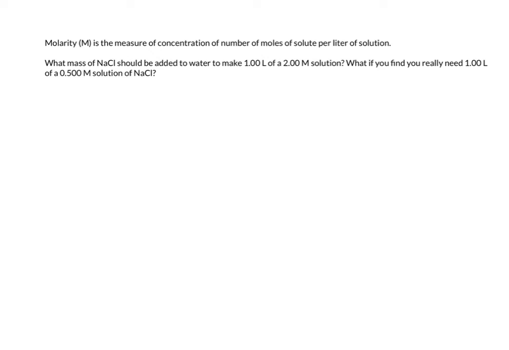Notice that we'd really like to have a smaller number of moles of sodium chloride per liter of solution than what we've got right now. One way to accomplish this is to take a small fraction of our original solution, the one that was 2 molar in concentration, and add to it more solvent, more water, to increase the volume and consequently increase the space between particles on a microscopic level.